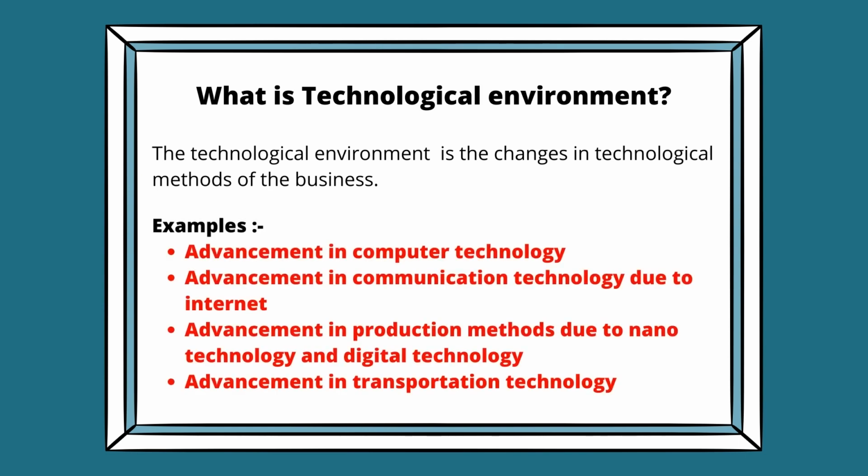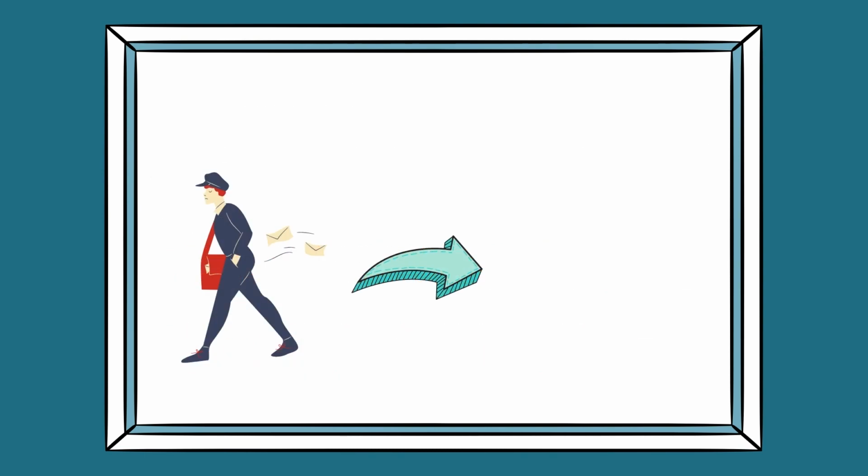We can say examples like advancement in computer technology, advancement in communication technology due to internet, advancement in production methods due to nanotechnology and digital technology, advancement in transportation technology. The following are some examples for the changes occurred in the business environment due to changes in technology.